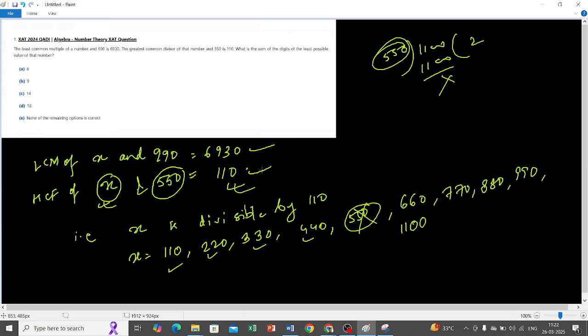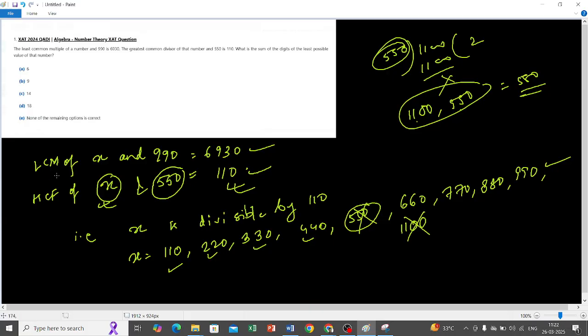So 110 is not the highest common factor of 1100 and 550. You can understand, right? 550 is the largest number dividing both of them, not 110. So this is my limit. It is going up to 990.